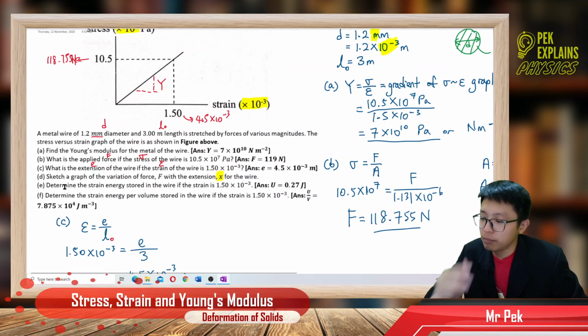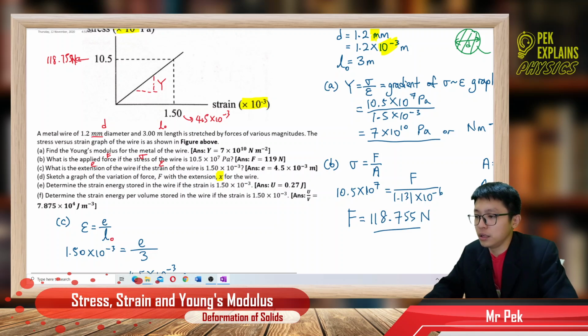E. Determine the strain energy stored in the wire if the strain is 1.5 exponent negative 3. That means if the strain is this value, what is the strain energy stored in the wire?